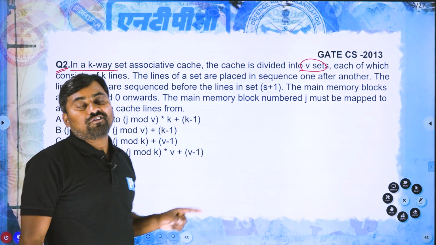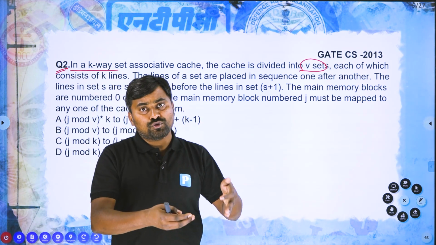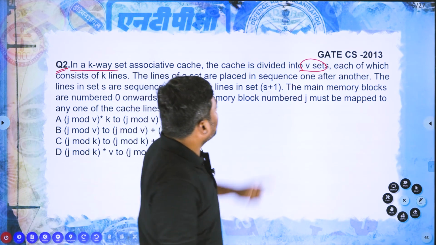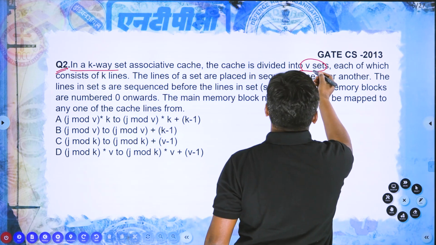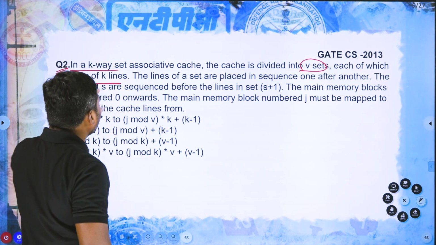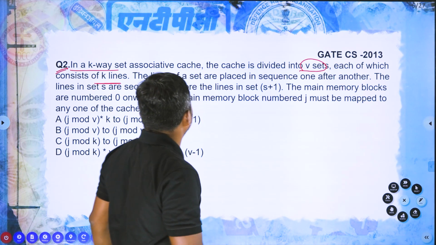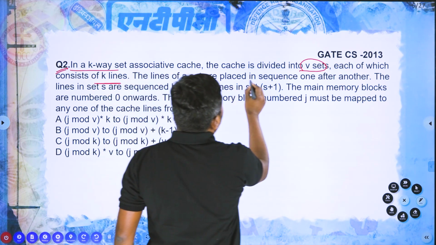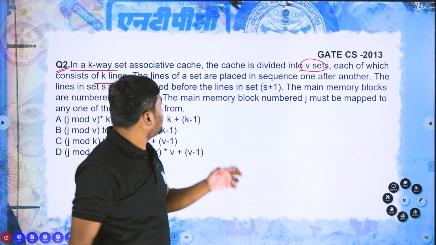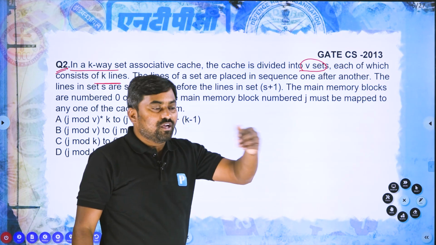K-way set associative means immediately your mind has to go to the 3 mapping methods. So the number of sets is V, each set consisting of k lines. Please do understand, k lines means there are k blocks, and V sets. The lines of a set are placed in sequence one after another.